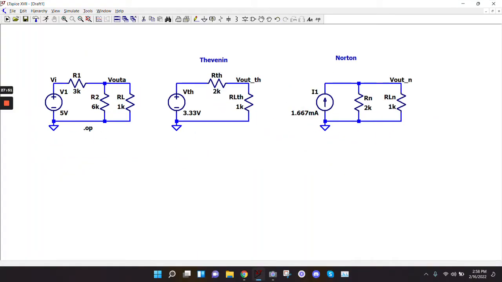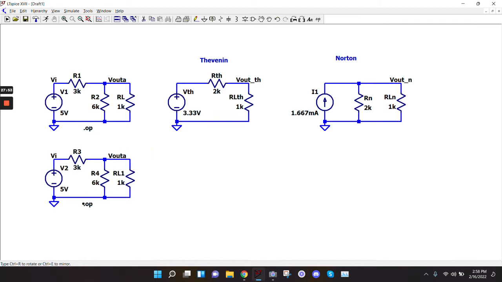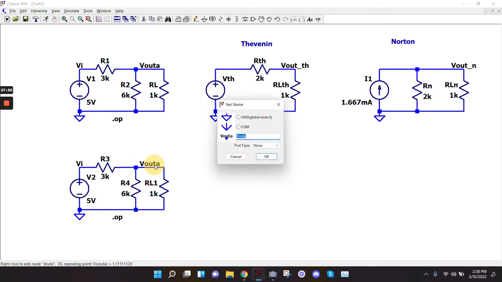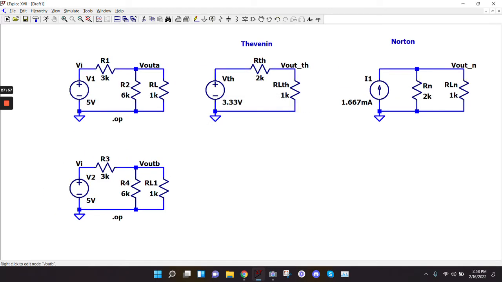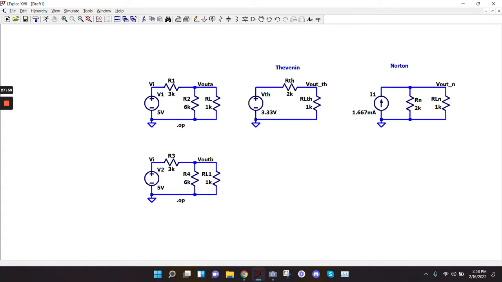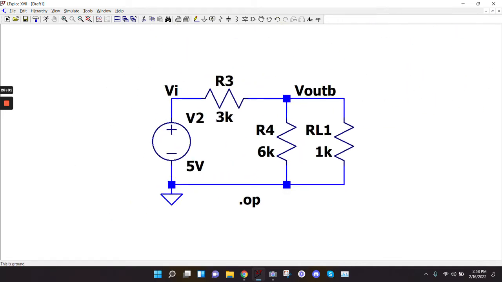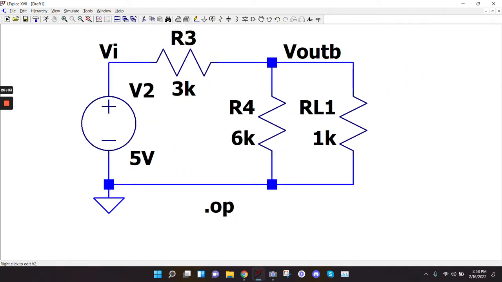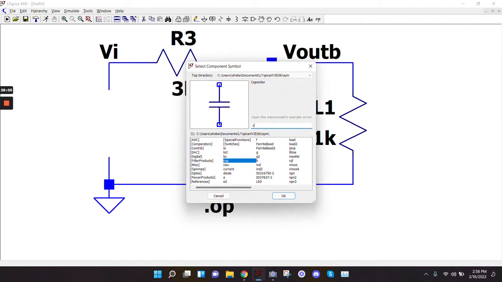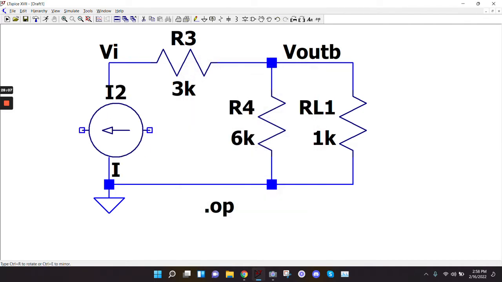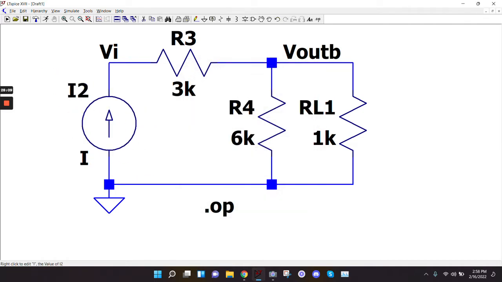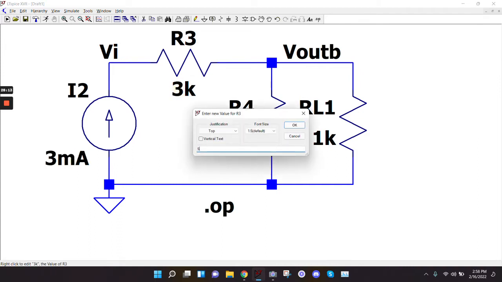So let's copy this circuit. Call this V out B. And then this is a current source instead. What is it, 3 milliamps? And then this is 5K.